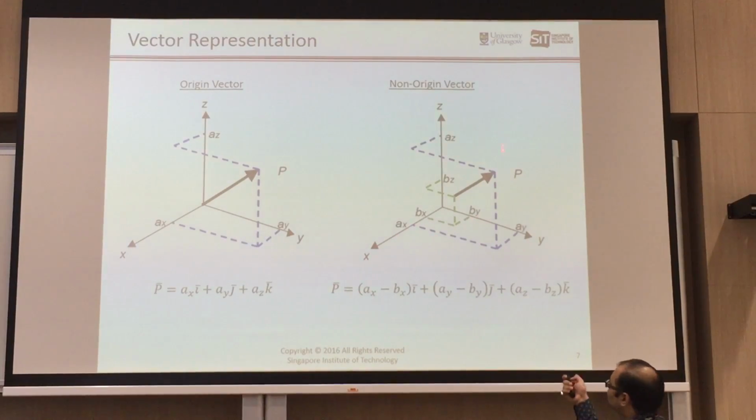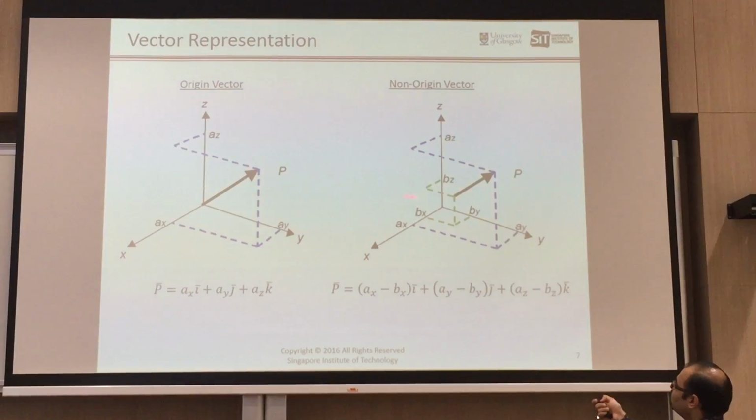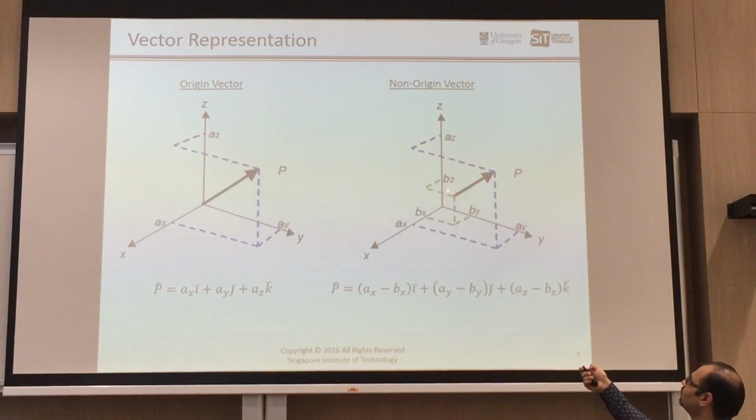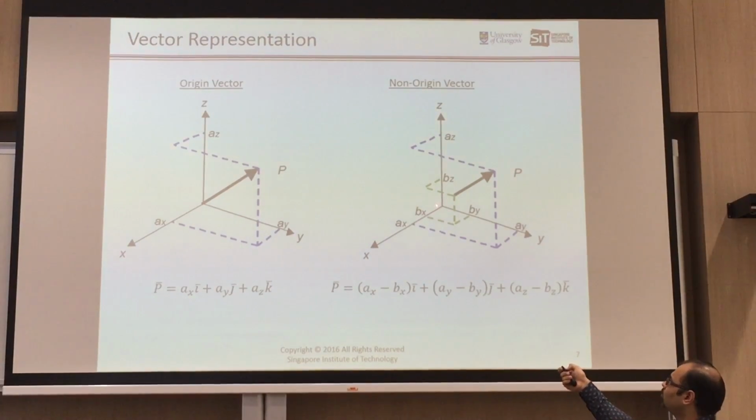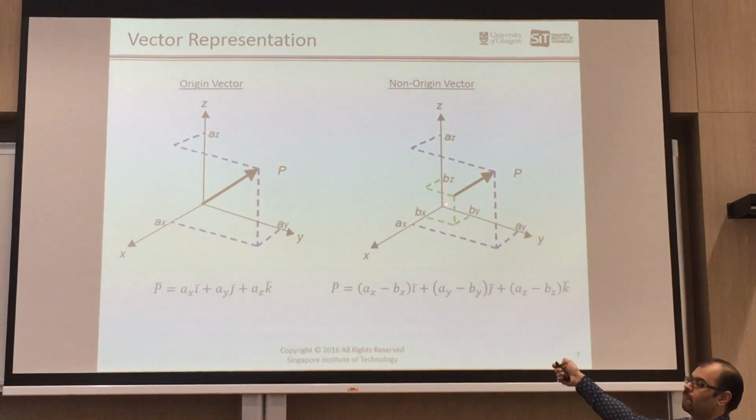If you're wondering why there is a negative P here, assuming that this P is from the origin to here, right? Now you look at the origin of this P. It's now actually at the tip of my position vector from 0 to point B, point B is here. Right?